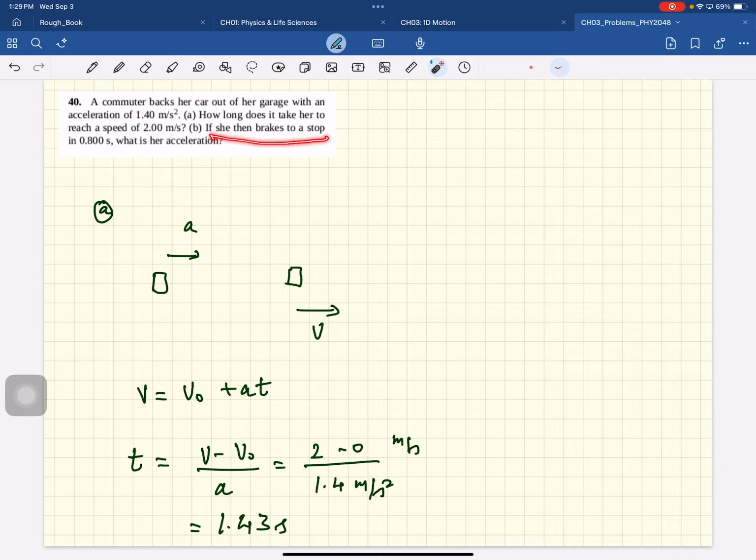If she then brakes to a stop in 0.8 seconds, okay, so it took her that amount of time to accelerate to that, and she brakes in 0.8 seconds. Now that's a common feature. That's a safety feature. Your deceleration rate, when you brake, when you're stopping, your acceleration is much higher than that.